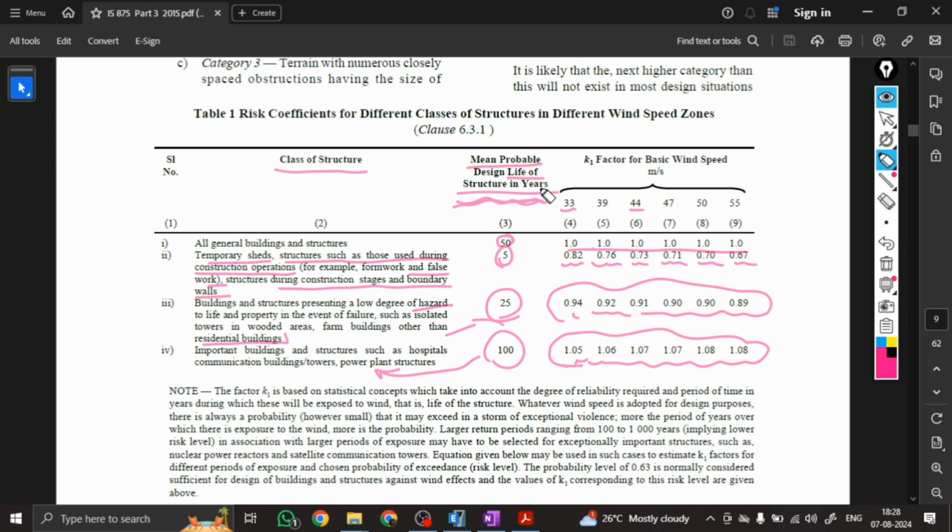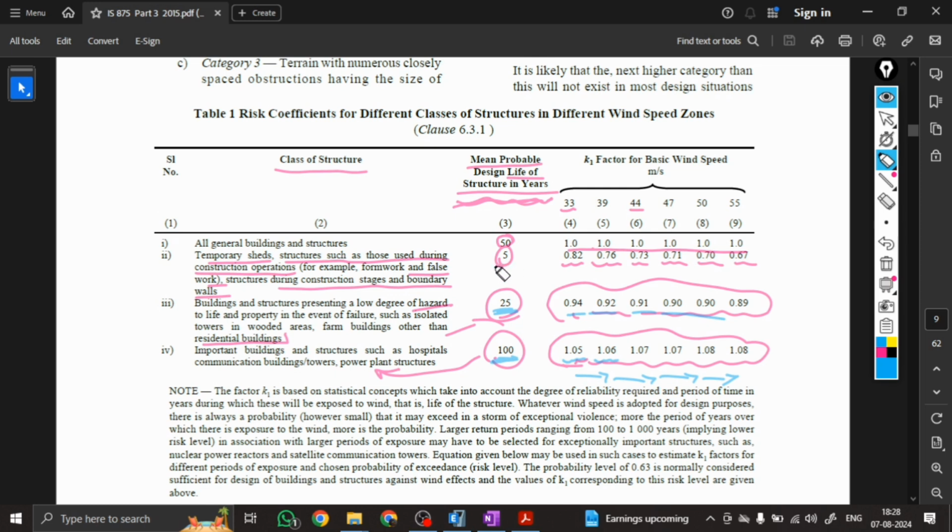So you can check here, if we have designed for 100 years, then for 33 it is 1.05, for 39 wind speed 1.06, it's in increasing order, right? But here we are designing for less life, then it's 0.949, 0.91, it's in decreasing order.